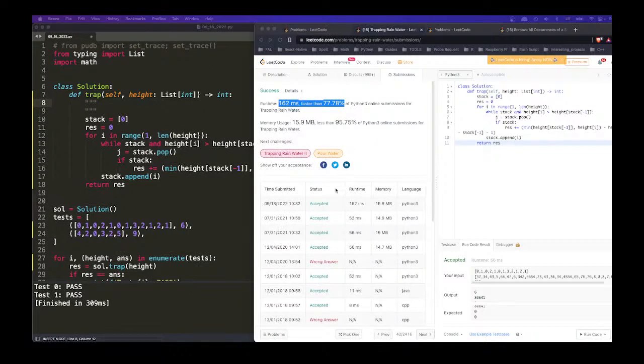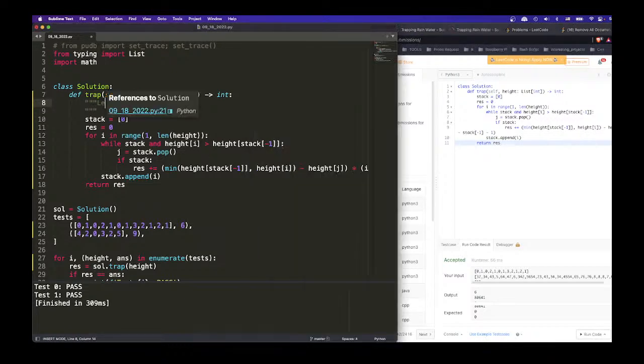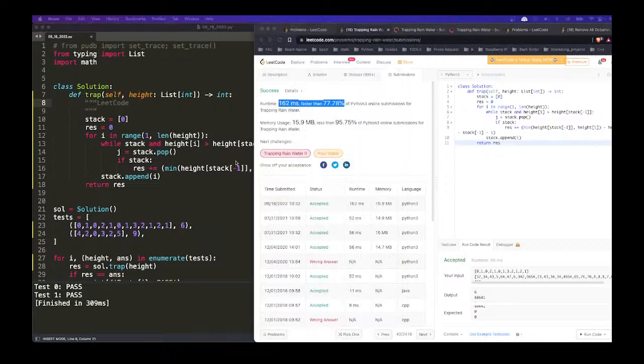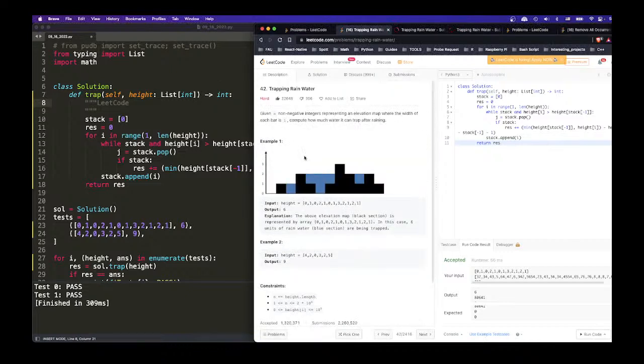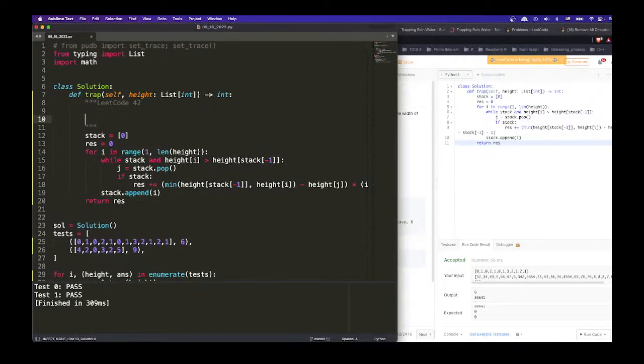I believe the test cases must have increased since the last time. Let's take a look. 42. One of the classics. One of the classics. This is the 4th time that I have done it.